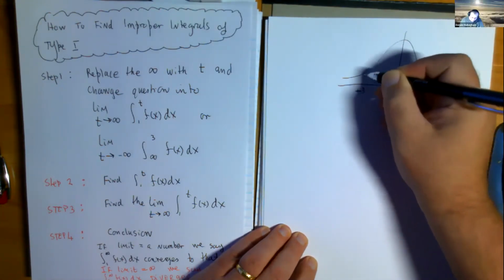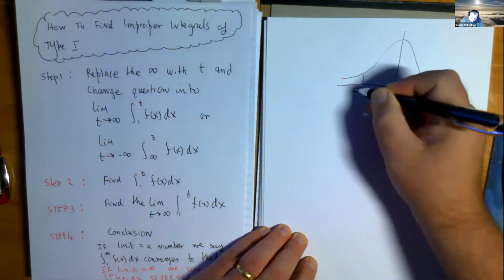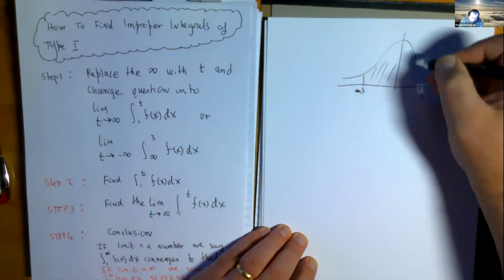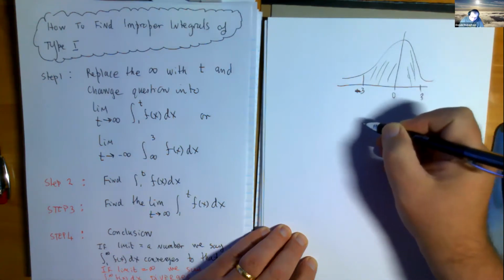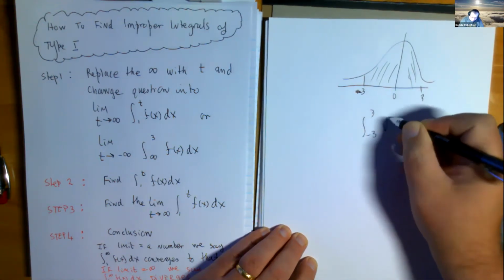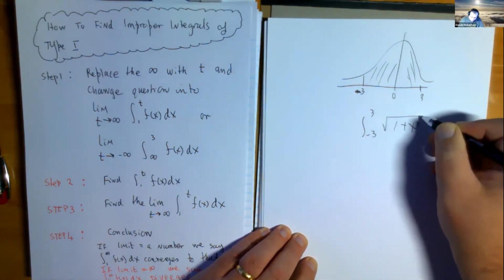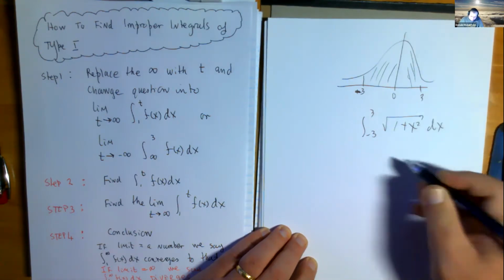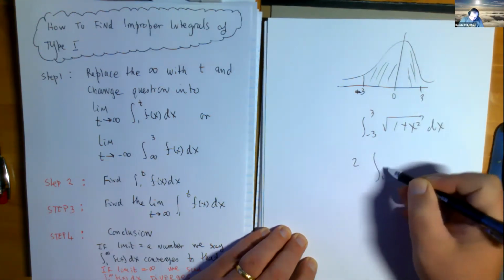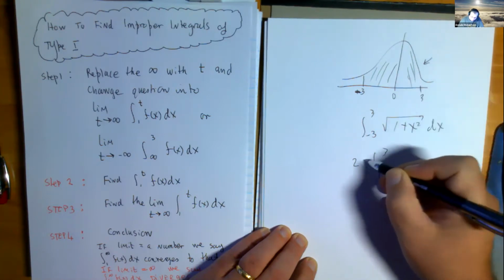Oops, -3. The 3, that's negative. What I'm saying is that the integral from -3 to 3 of that guy is the same thing as just finding 0 to 3, which is this one, and doubling it up.